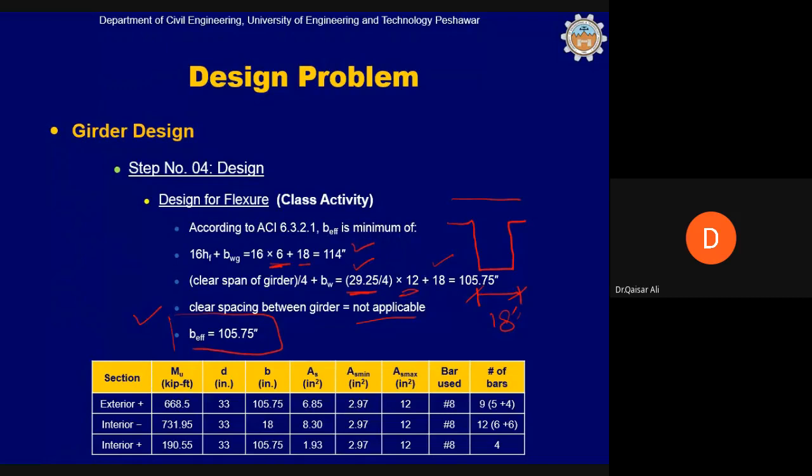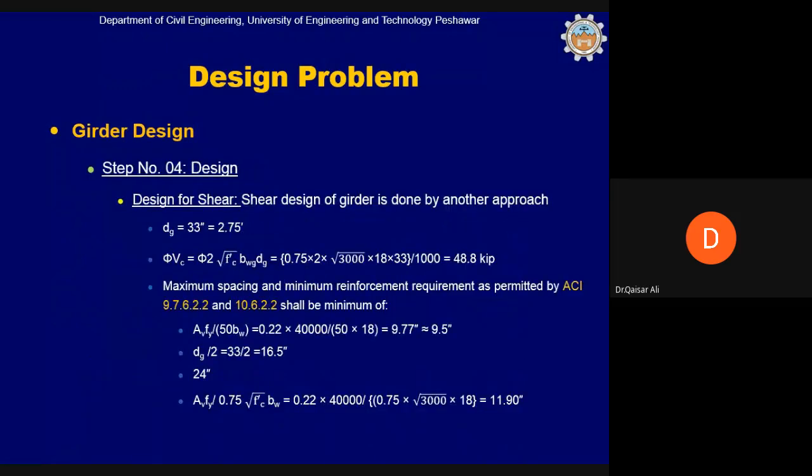Next, we will design the girder for shear. This time we are using a different approach. This is a very useful approach for the design of shear. We know that d is 33 inch, which is equal to 2.75 feet.